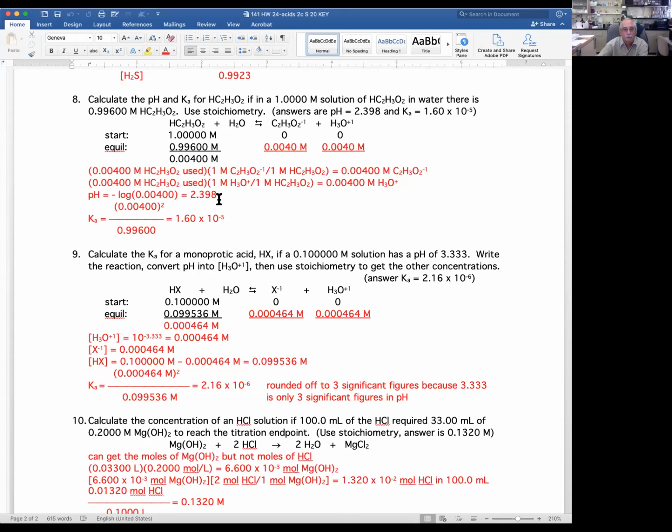There's your number. So this is a small number, which means that you have mostly this and a little bit of this, and that information is seen right here. At equilibrium, it's almost entirely in the unionized form.